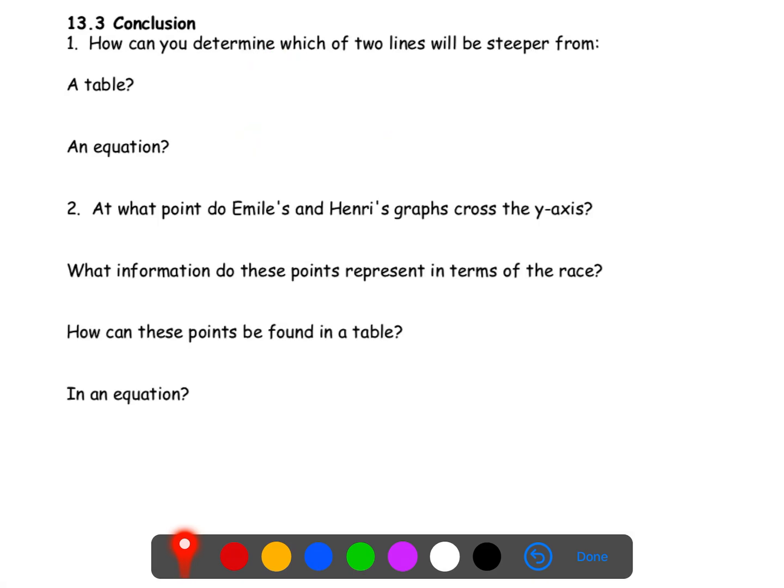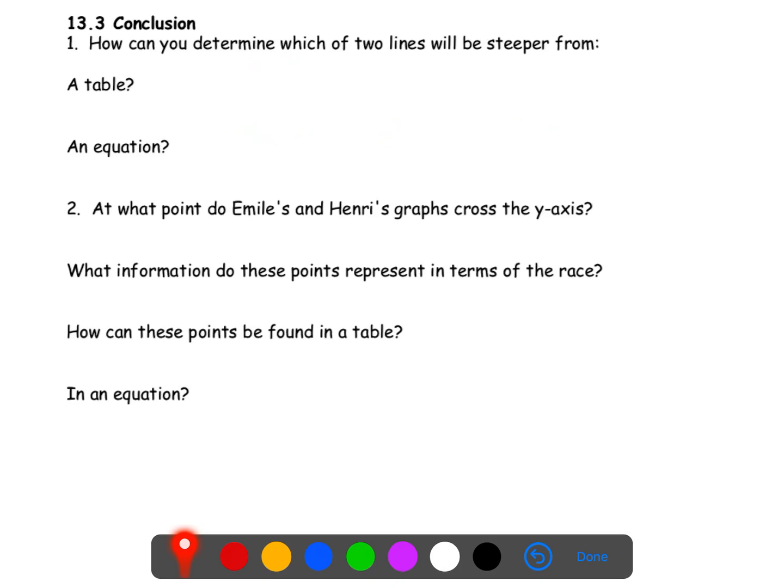All right, and last, let's look at the conclusion to this. The first question says, how can you determine which of two lines will be steeper from a table? Now, this goes back to what we just looked at. Remember a lesson or two ago, we talked about a steeper line and what that represents.